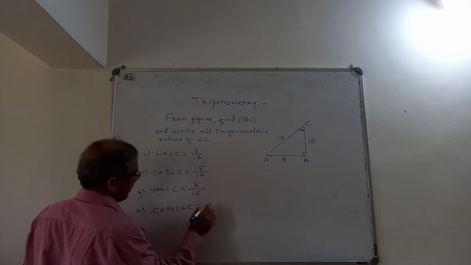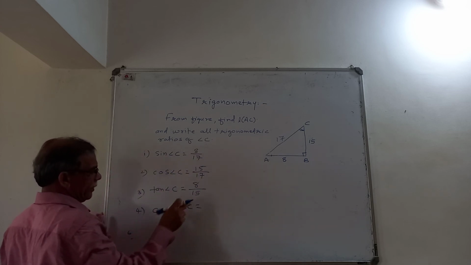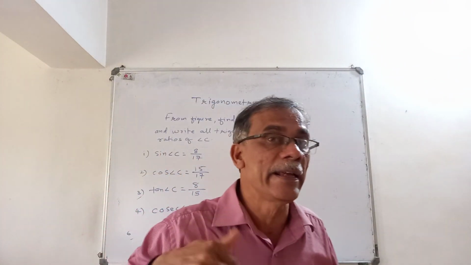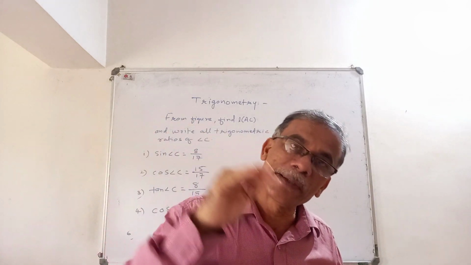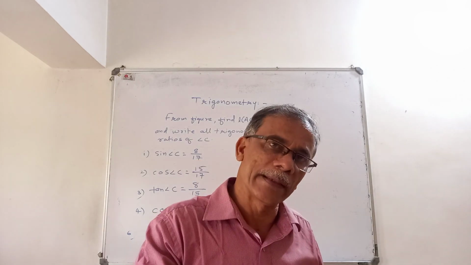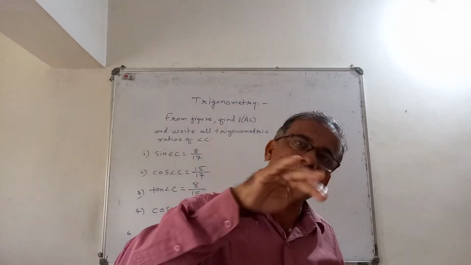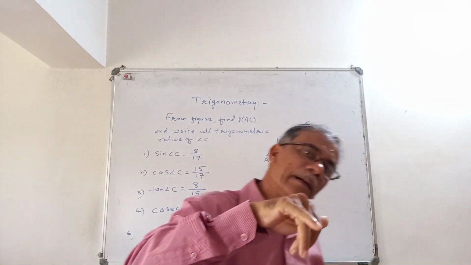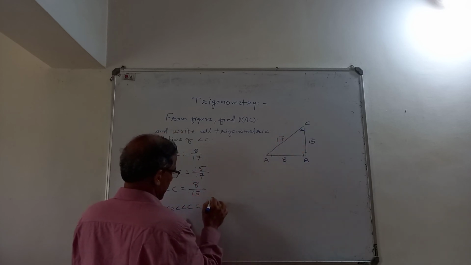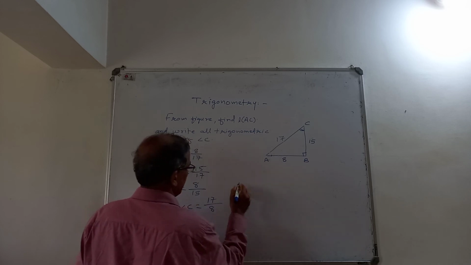Cosec angle C. Looking here, you can easily write the inverse of this, 17 by 8. But you try to recall. Cosec is the inverse of whom? It is the inverse of sin. Sin means opposite upon hypotenuse. Now its inverse is hypotenuse upon opposite. So for angle C, hypotenuse 17 upon opposite 8.